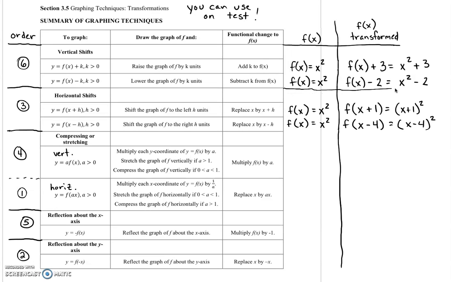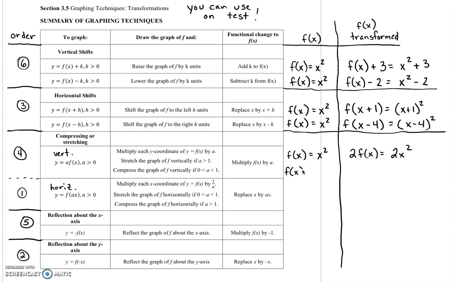Okay, so we've got vertical shift examples, we've got horizontal shift examples. So vertical stretch. If we start with f of x equals x squared, then a stretch would be like 2 times f of x, which in this case would be like 2x squared.